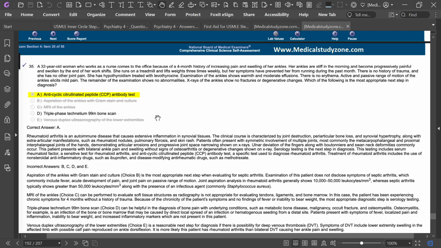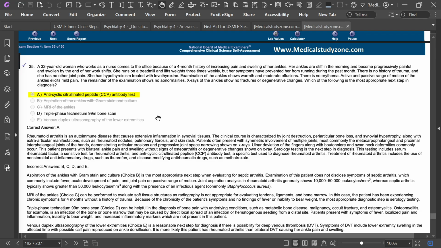Okay, rheumatoid arthritis is an autoimmune disease that causes extensive inflammation in the synovial tissue. The clinical course is characterized by joint destruction, periarticular bone loss, and synovial hypertrophy, along with extraarticular manifestations such as rheumatoid nodule, pulmonary fibrosis, and skin rash.